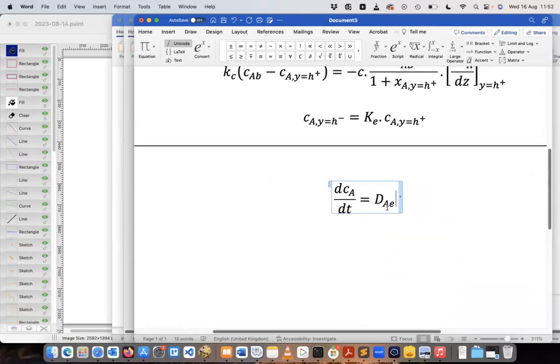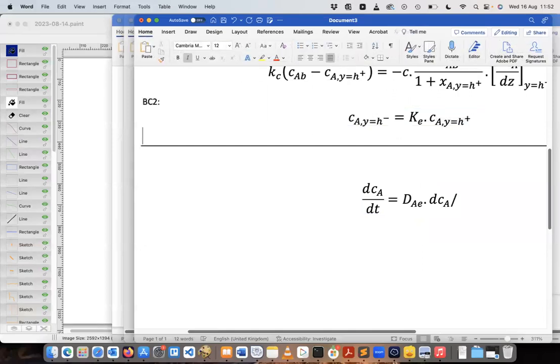So when you have large numbers of components, instead of talking about mixing rules and things like that, I just call it an effective diffusivity. And that is, of course, going to be a second order derivative in the axial direction, d²CA/dz². So that's going to be our material balance.